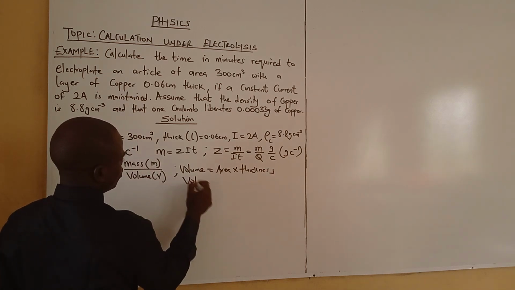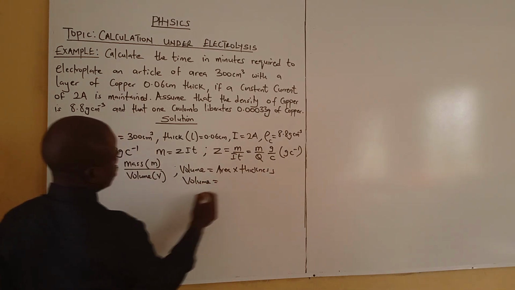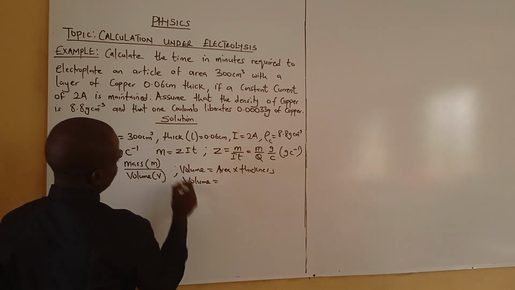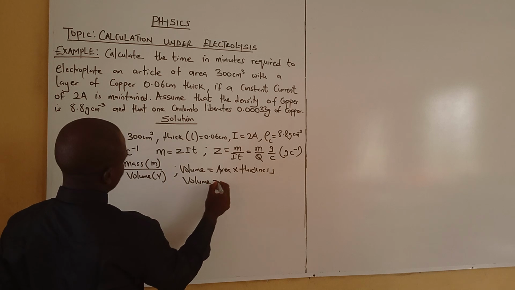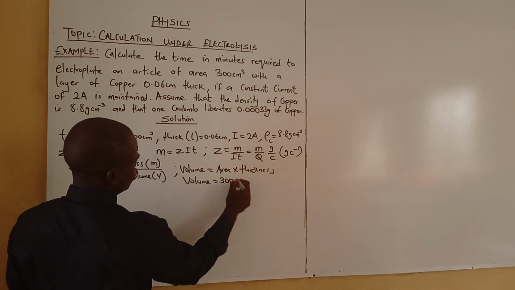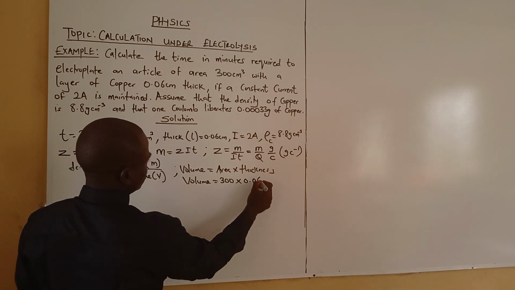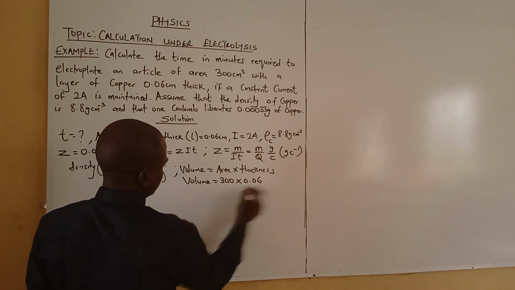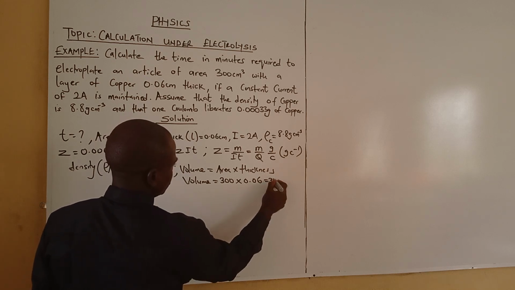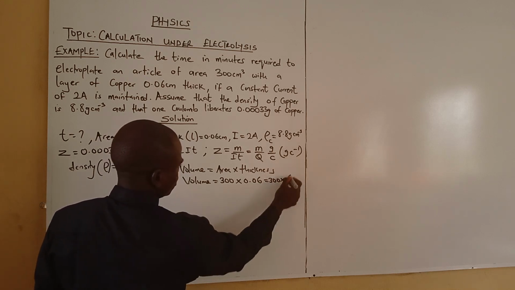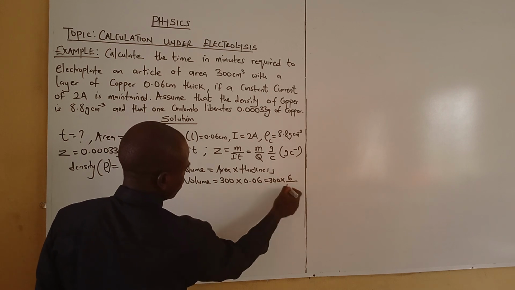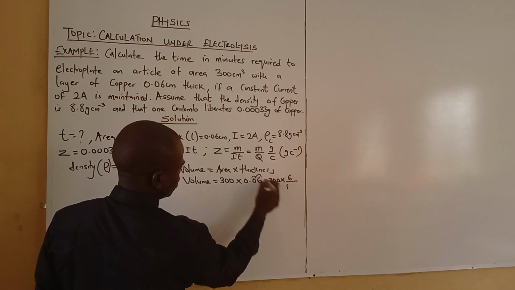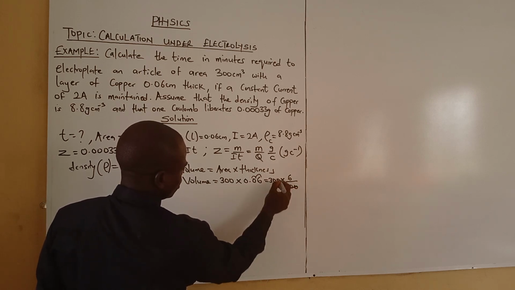Now volume equals, what's our area? Area is 300 multiplied by thickness 0.06. 300 times 6 over decimal, if you shift twice, add to 0, cancel this.